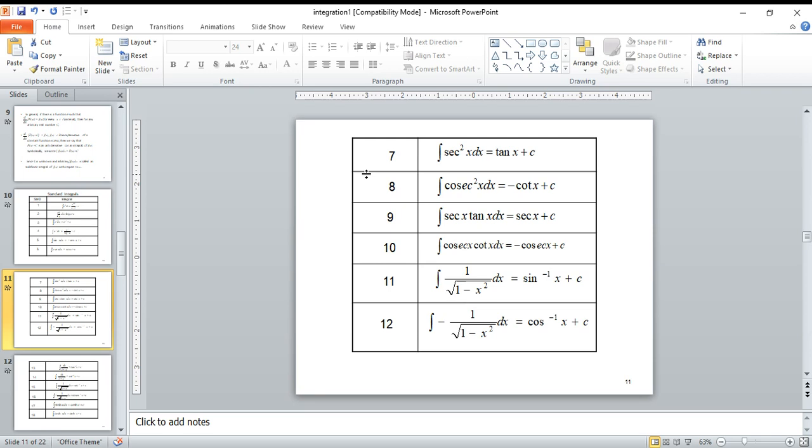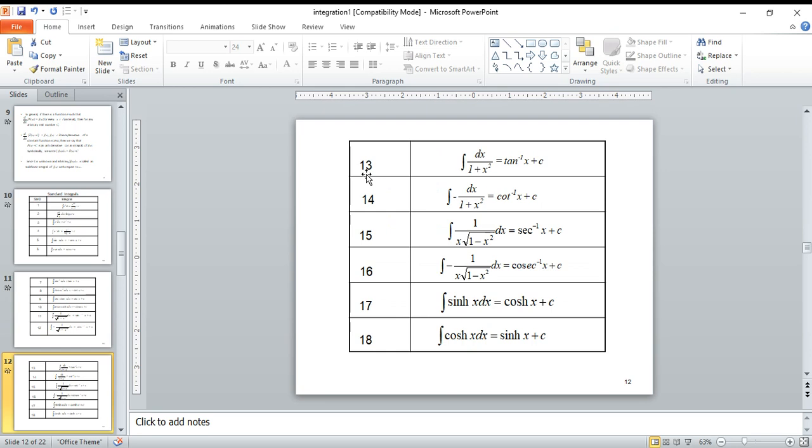Inverse functions. The derivative of sin inverse x is 1 by under root of 1 minus x square, so integration of 1 by under root of 1 minus x square dx equals sin inverse x plus c. Next, the derivative of cos inverse x is minus 1 by under root of 1 minus x square, so integration of minus 1 by under root of 1 minus x square dx equals cos inverse x plus c.